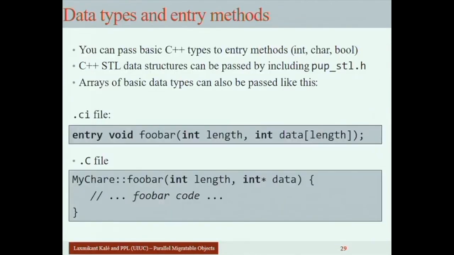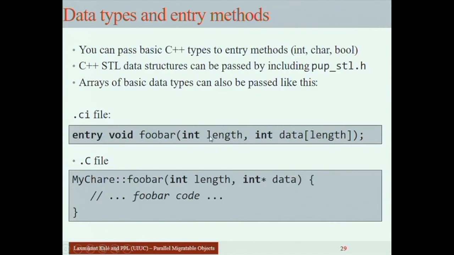Okay. I know we're late. I want to get one quick concept done, and then we can stop here. So far I just said int or double, but you can send arrays too. When you send arrays in the .ci file, you have to say int data and give a size parameter, right? This size expression can include some other things in your parameter list.